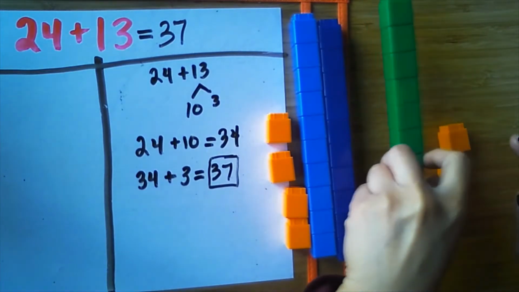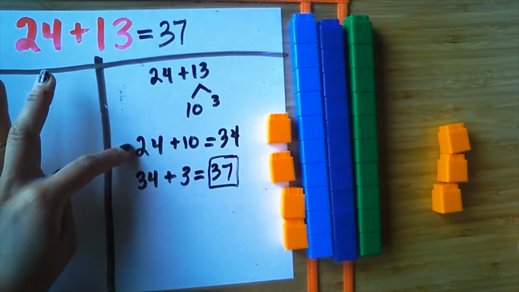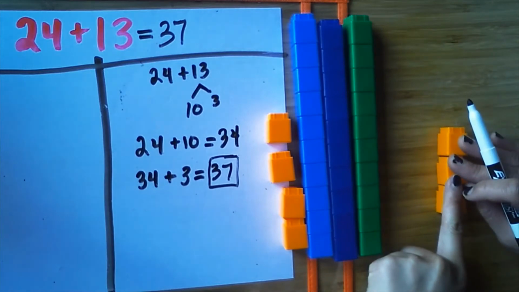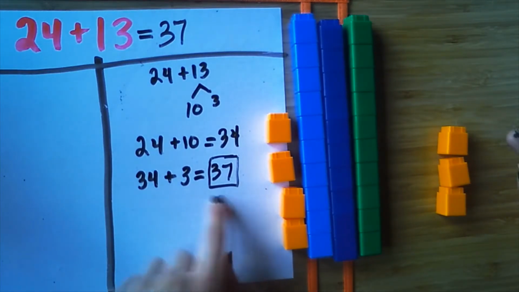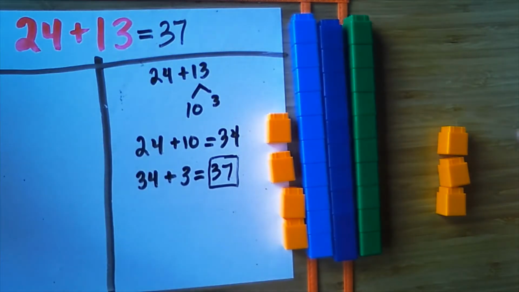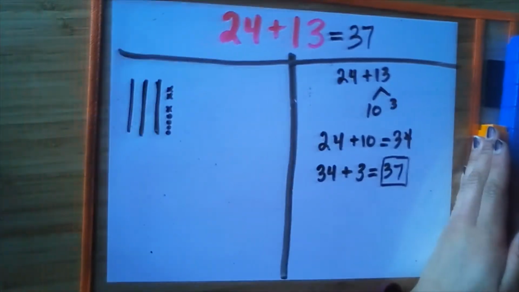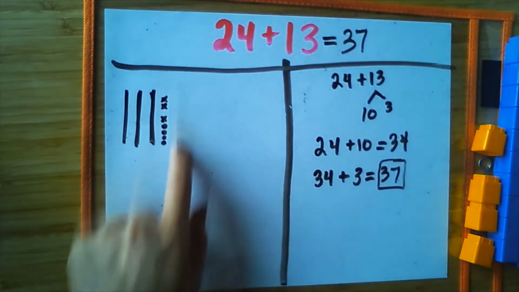We added the 10, which is shown in 24 plus 10. Next, we added the 3. 34 plus 3 equals 37. These are the 2 addition sentences that show how we added 110 first. I know that was super confusing, and it's slightly different from what we did with our drawing. We combined by tens and then we combined by ones first.